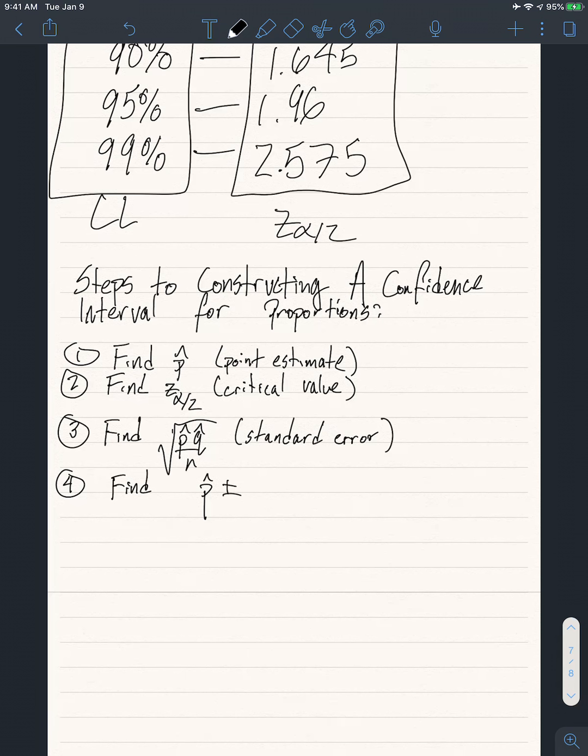Take p hat plus or minus critical value times standard error. In step 5, write a statement. And those are your steps to constructing a confidence interval for proportions.